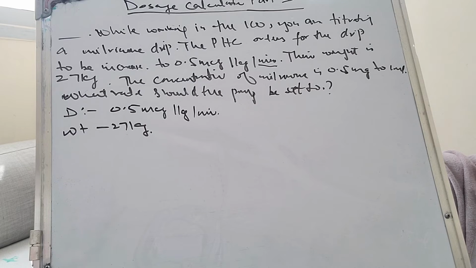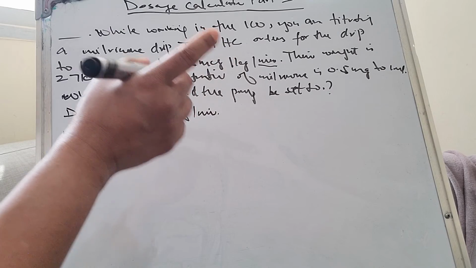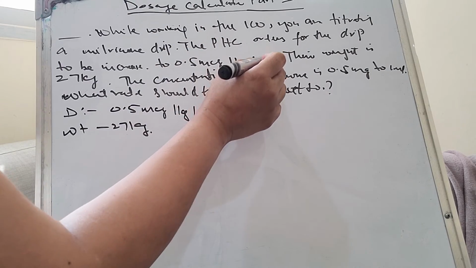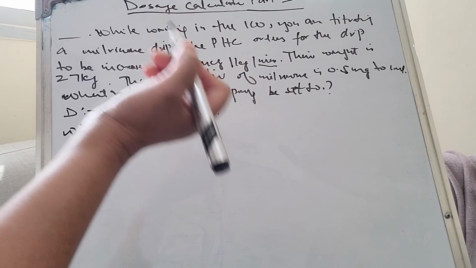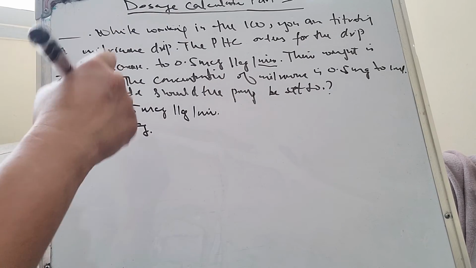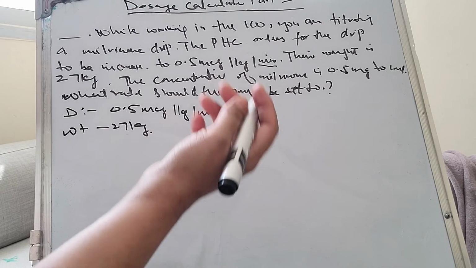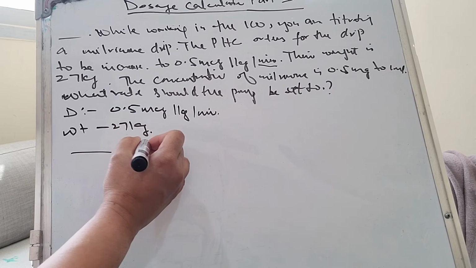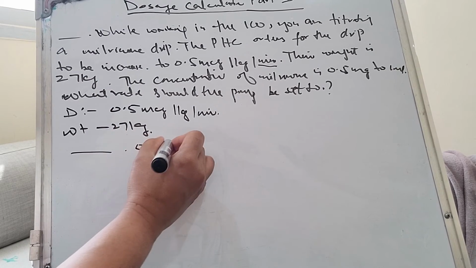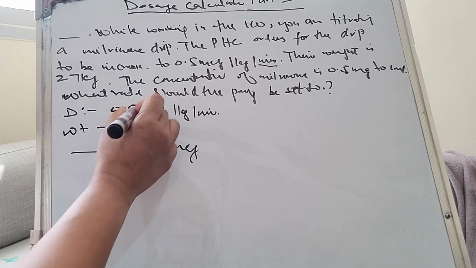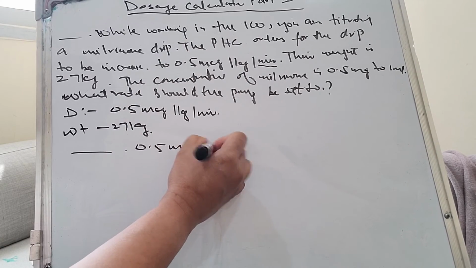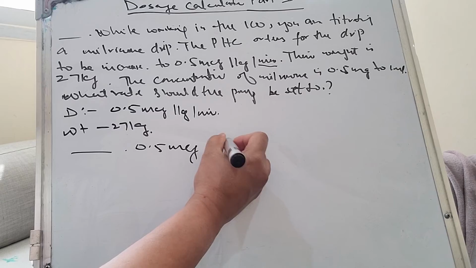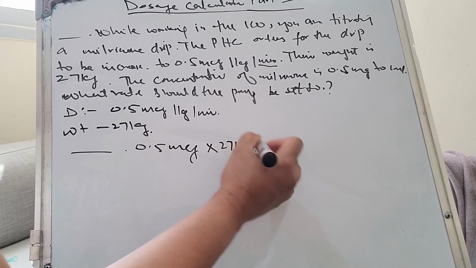But in this problem, they gave you the order in minutes. So what will we do? You need to multiply by 60 to convert to hours. So how will we take the desired dose? We will take 0.5 microgram, that is our desired dose here, multiply by kg. Kg is 27 kg.